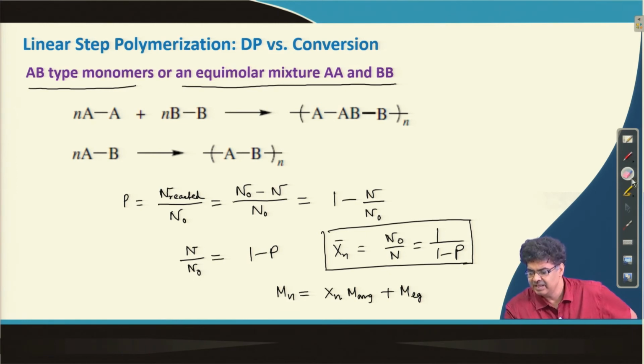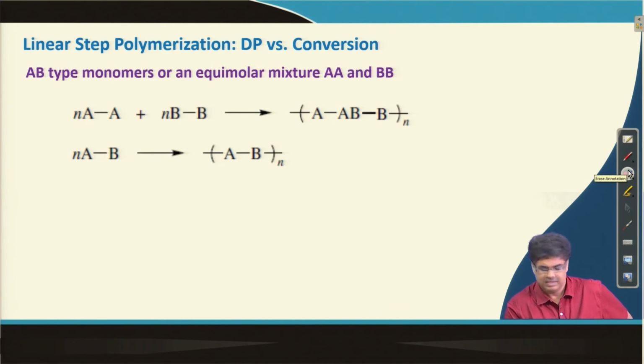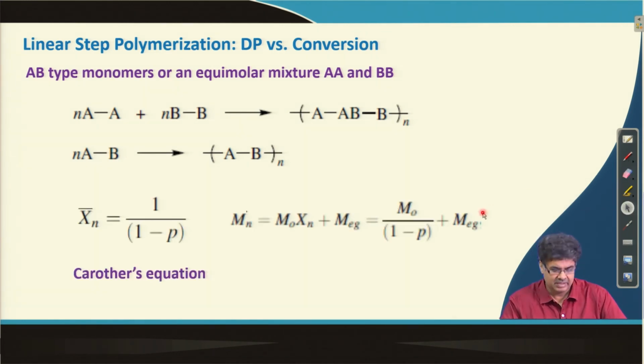So, Xn, the average degree of polymerization, is given by 1 by 1 minus P, where P is the conversion, and this is called the Carothers equation, developed by Carothers.